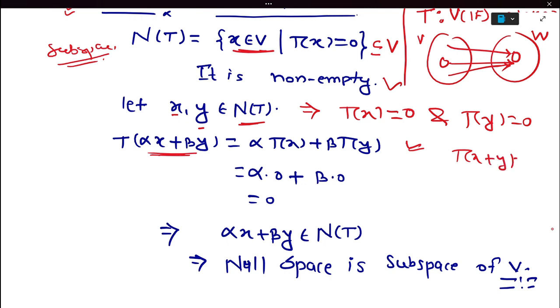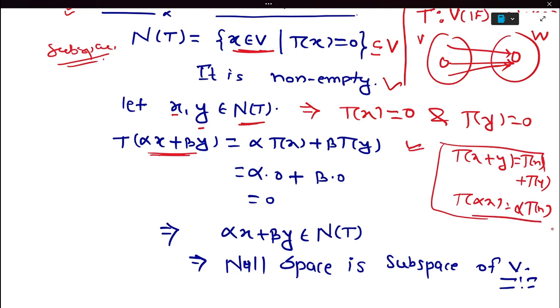T of x plus y is equal to T of x plus T of y, and T of alpha x equals alpha T of x. This is the definition of a linear transformation, and that is what we have used here. Now we know T of x equals the zero vector, so here we have written the zero vector, and T of y equals the zero vector, so we have written the zero vector here.